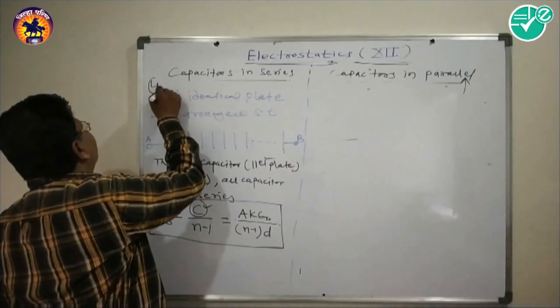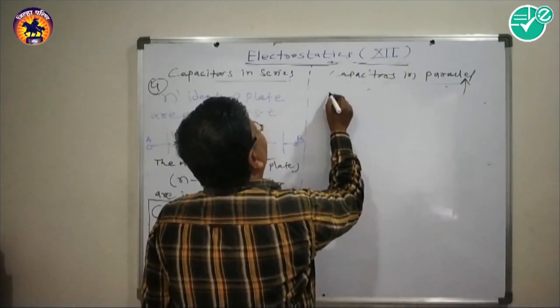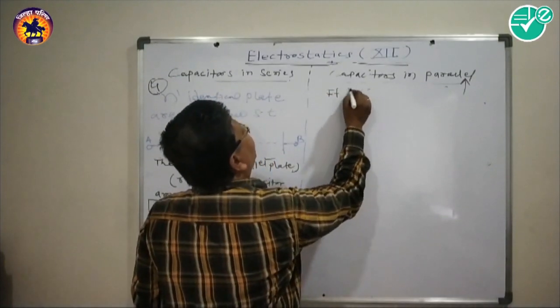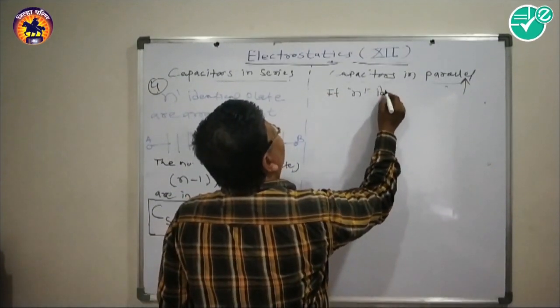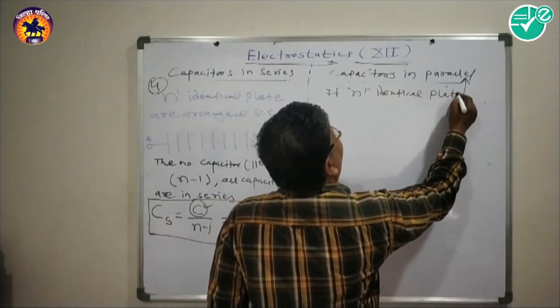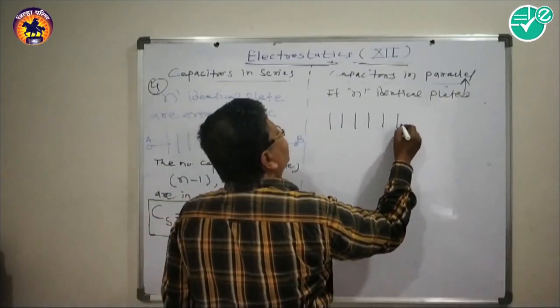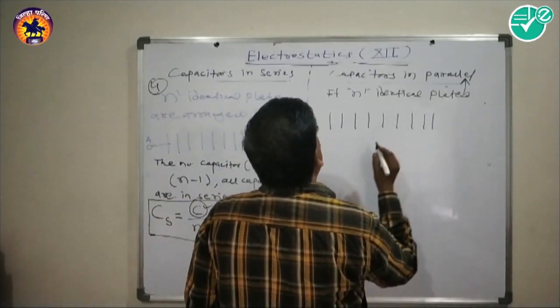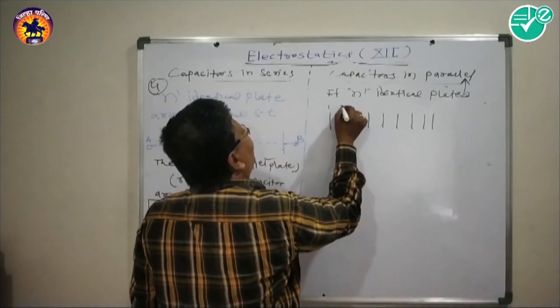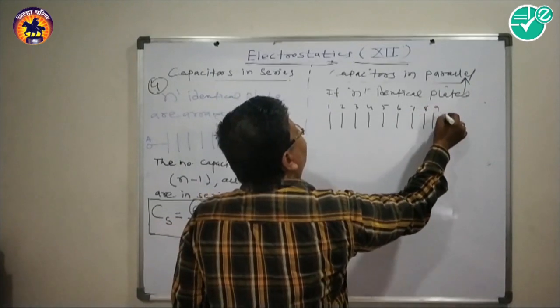Similarly, we can explain about the parallel plate capacitor. If n identical plates are arranged such that this is plate number 1, 2, 3, 4, 5, 6, 7, 8, 9 and so on.